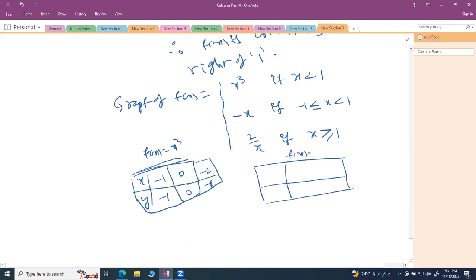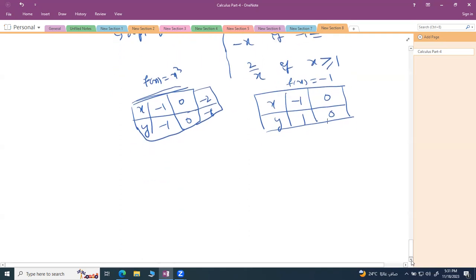For f of x equal to minus x, between minus 1 and 1, we have to choose x value minus 1 and 0. If you put x equal to minus 1, it is plus 1. If you put x equal to 0, this is 0. The third function, f of x equal to 2 over x.